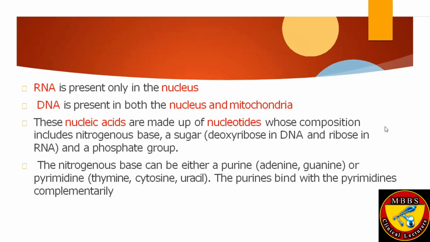You have previous knowledge of this, so you have to recall it. The nitrogen base can be either a purine, which is adenine or guanine, or a pyrimidine, that is thymine, cytosine, or uracil. The purine always binds with a pyrimidine, that is, complementary.